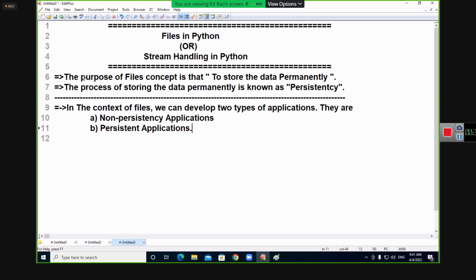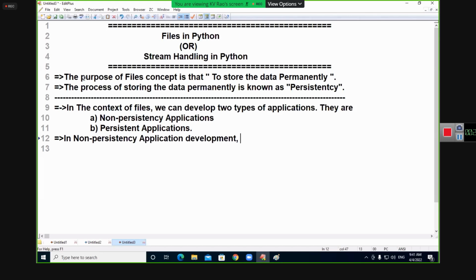What do you mean by non-persistent applications? In non-persistent application development, what is happening?